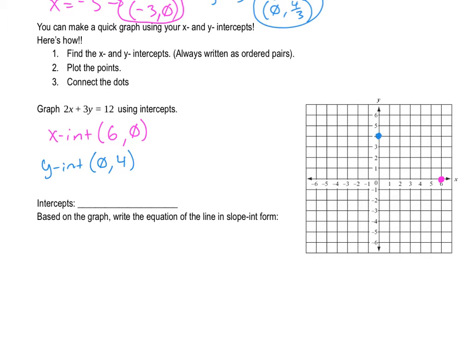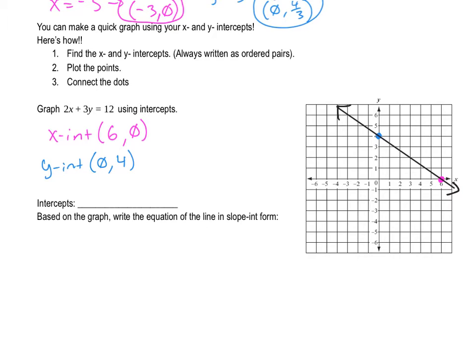Get your straight edge out and draw a line straight through those 2 points. All right, so there's our intercepts.